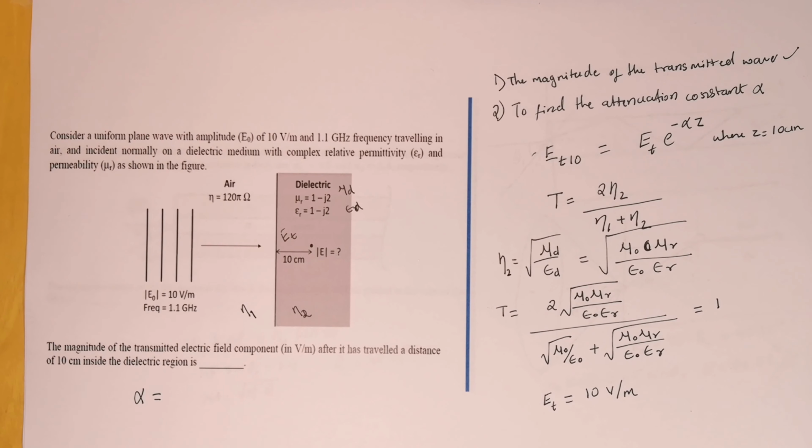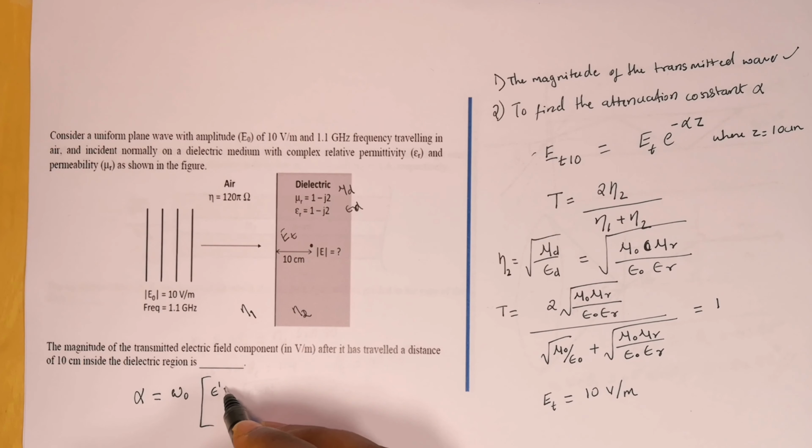This is the attenuation constant in this dielectric medium, which is a lossy dielectric medium. So omega naught, this is quite a big formula, so I'm just going to write it down.